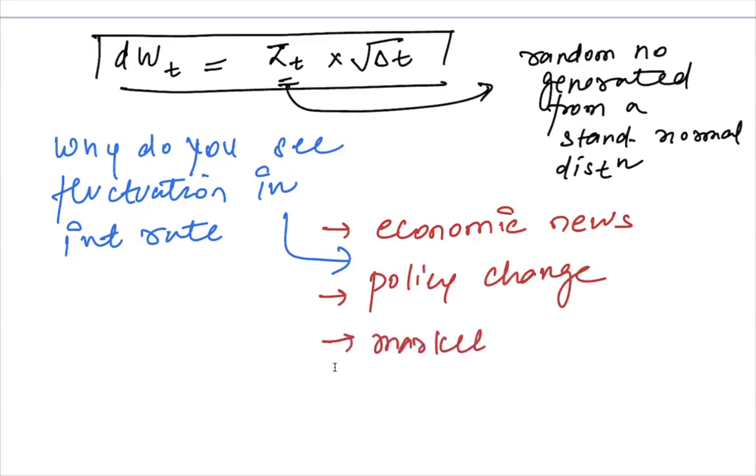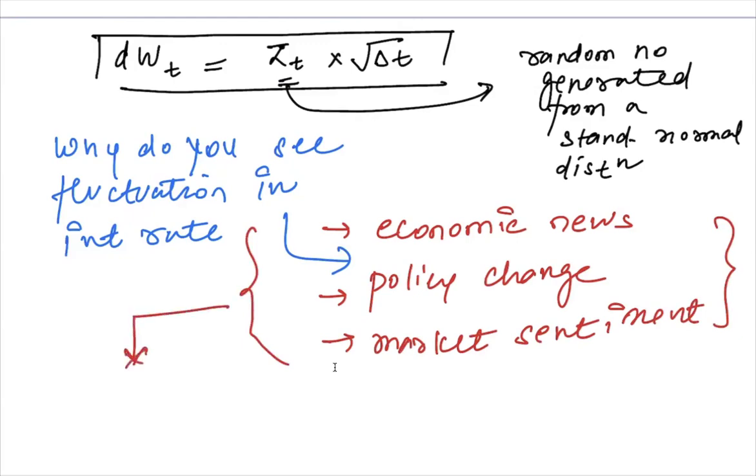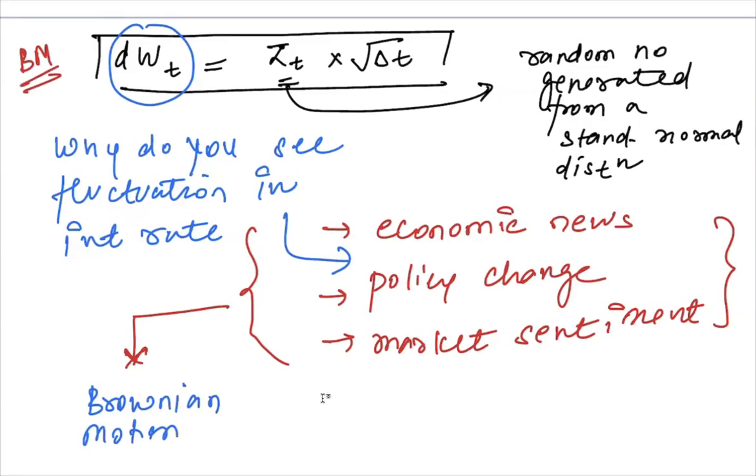It can be anything. And that's why, to model this randomness, all this behavior, we use Brownian motion. So DWT is nothing but your Brownian motion, okay?